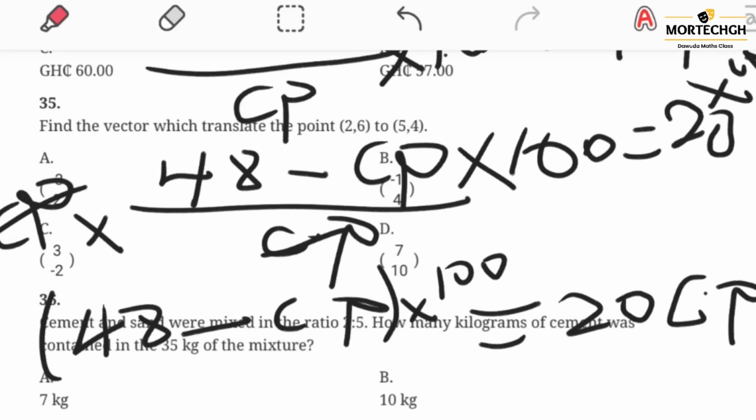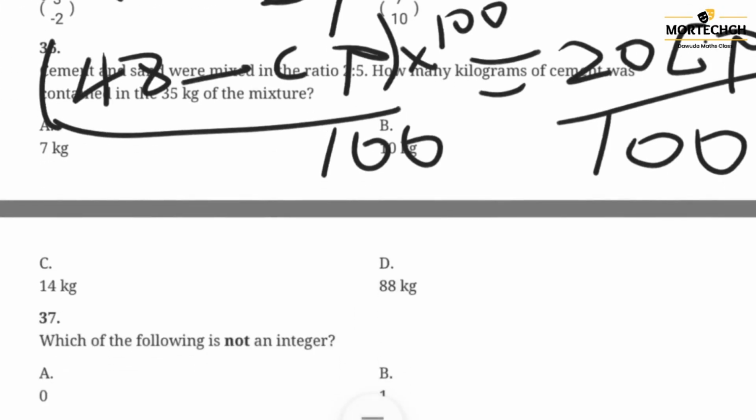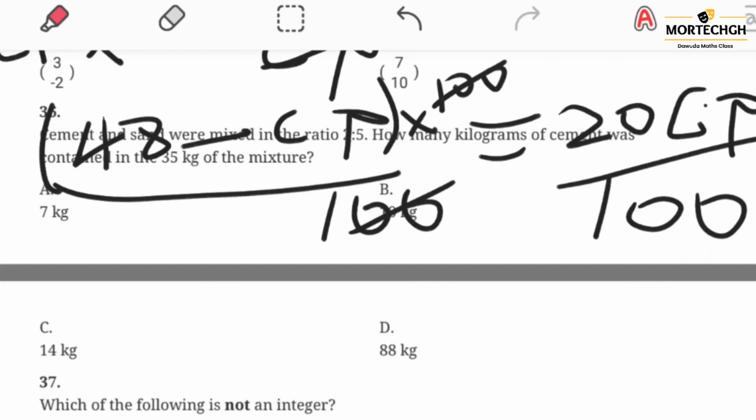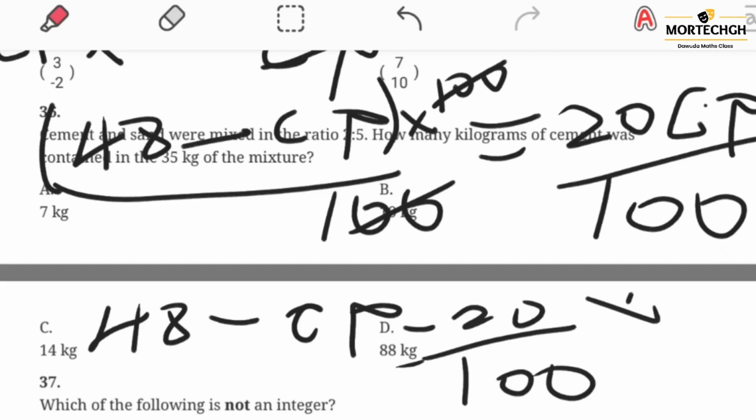Now let's divide both sides by 100 to get rid of the 100 on the left hand side. So 100 will cancel 100, leaving 48 minus the cost price to be equal to 20 over 100 times the cost price.